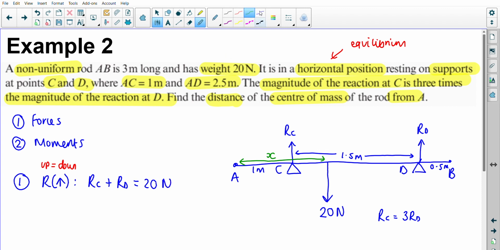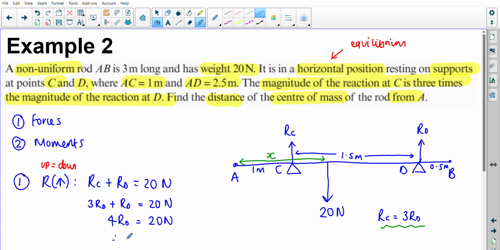Now I could use this relationship here between the reactions. So RC is 3 times the magnitude of the reaction at D. So I'm going to change RC for 3 RD. So 4 RD.